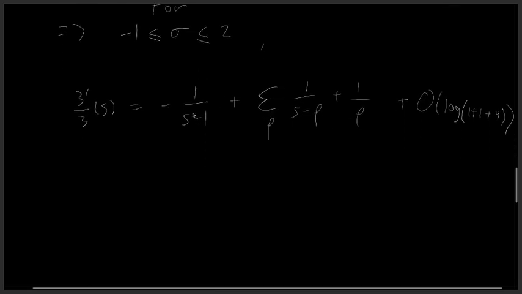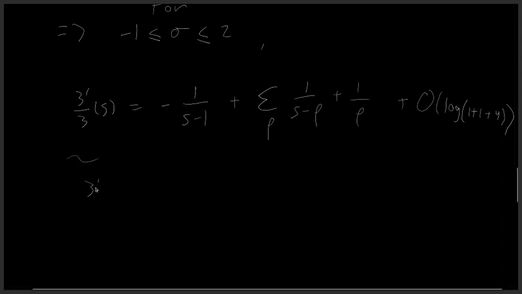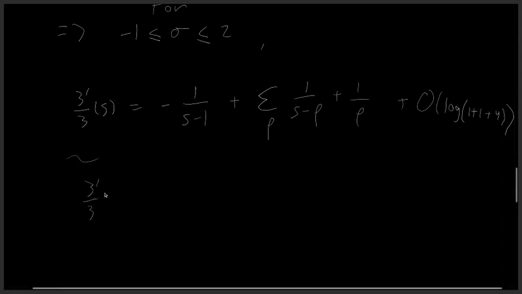Now, another observation that we're going to need is that zeta prime over zeta at 2 plus it is bounded, and for this you can just look at the series definition, maybe differentiate term by term. All your series converge absolutely, so this is straightforward.